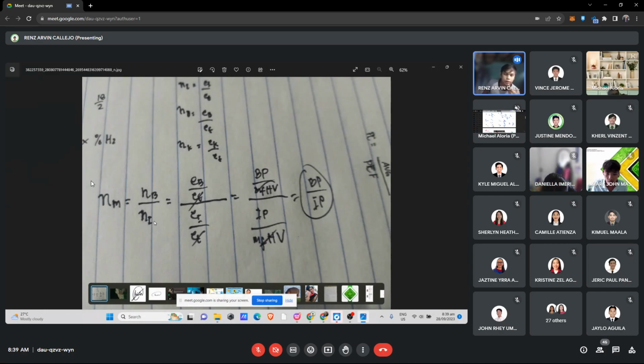And we know po na ang ating brake engine efficiency ay equal po sa brake thermal efficiency over yung atin pong total thermal efficiency. Overall, or plant thermal efficiency. Hindi mo pwedeng i-add ang thermal efficiency.